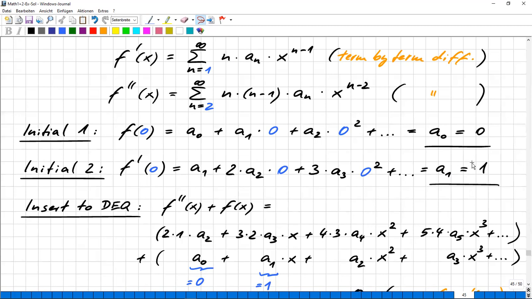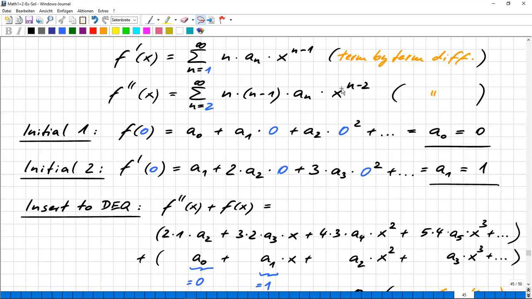That's it. Now inserting our approach into the differential equation gets interesting, because I use the same method again. It's a little easier to understand if I leave away this summation notation, okay? So let's see here, n equals 2. So that's, you could say, the starting element of this second derivative. It's 2 times 1 times a2 times x power 0.